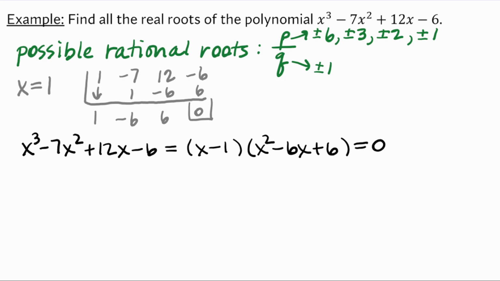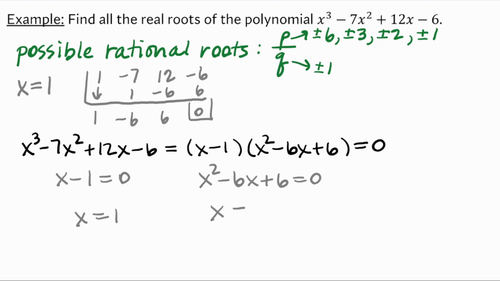Okay, I've got it factored, so either x minus 1 is equal to 0, and that's when x equals 1, or x squared minus 6x plus 6 is equal to 0, and that happens when x is equal to 6 plus or minus the square root of b squared, which is 36, minus 4 times a times c, which is 24, so 36 minus 24 is 12, all over 2a.